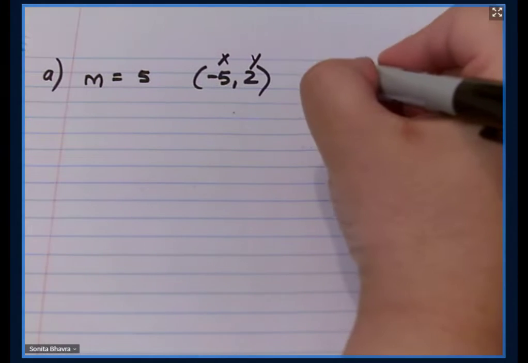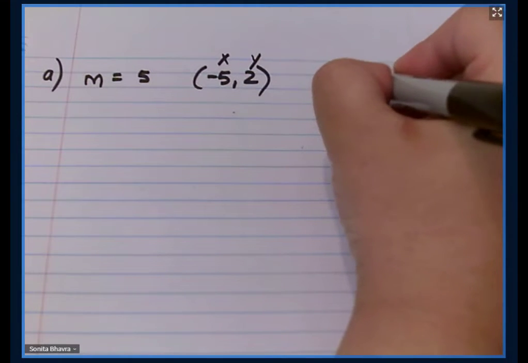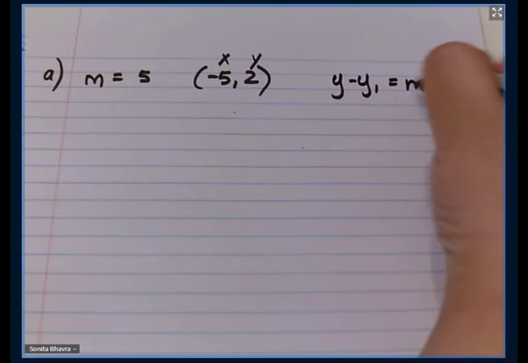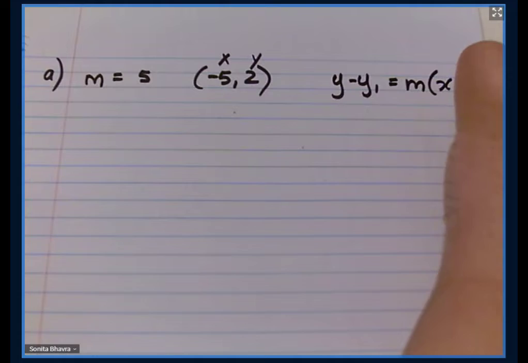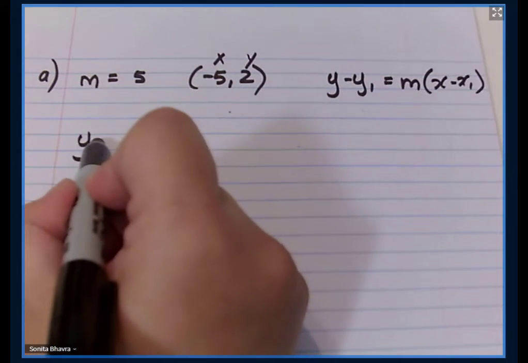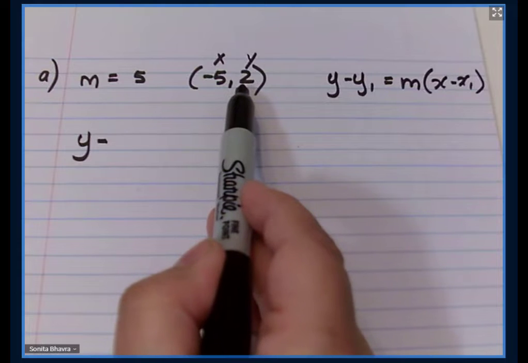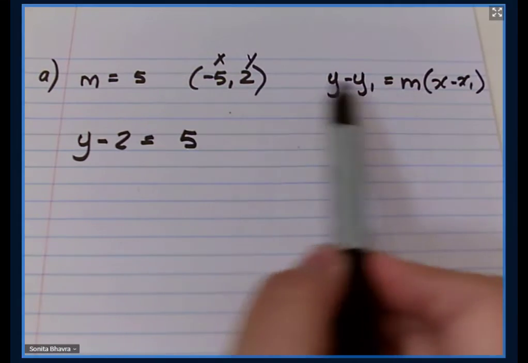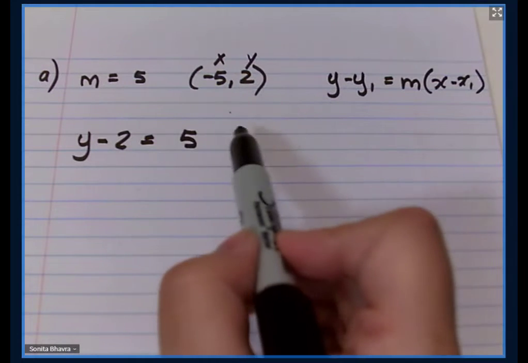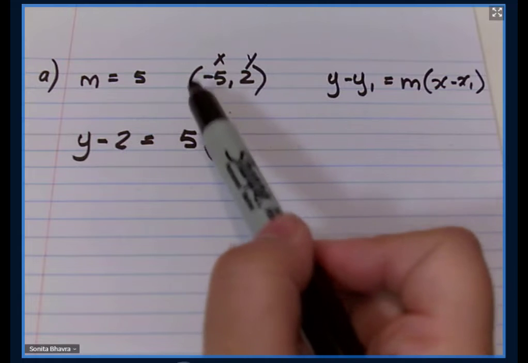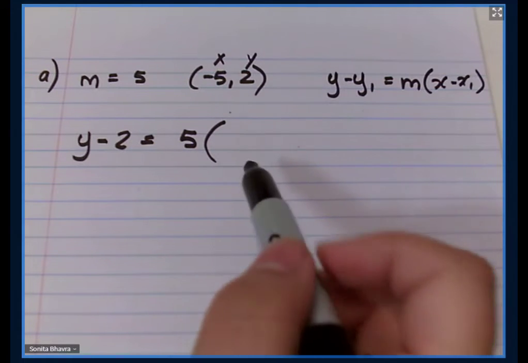So I'm just going to make a note of our equation here again. y minus y1 equals m, x minus x1. So our equation becomes y minus 2 equals 5. That's our slope given to us. And then x minus x1, so x minus negative 5, that becomes x plus 5.